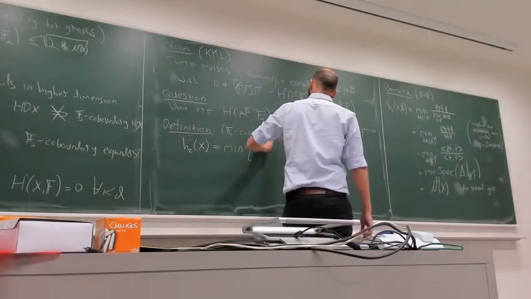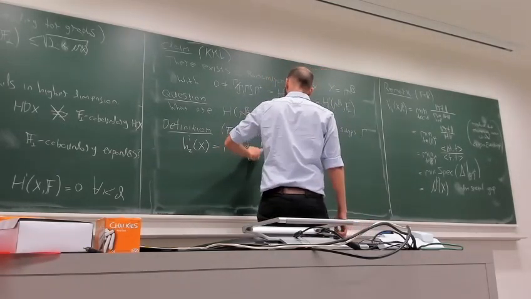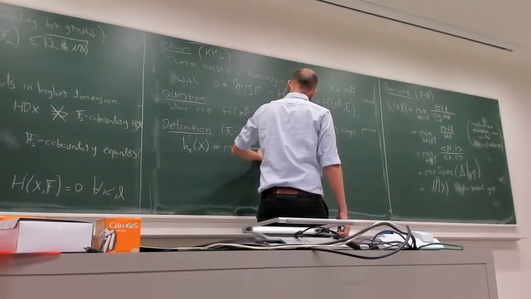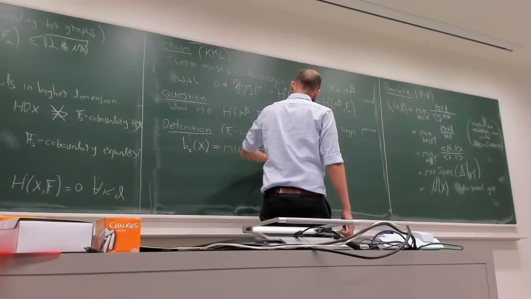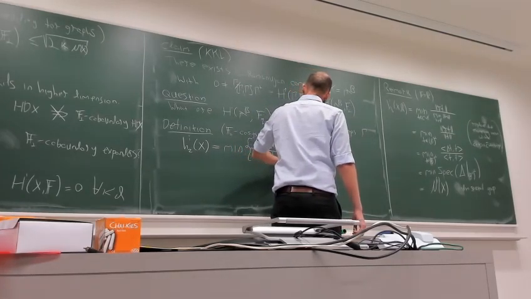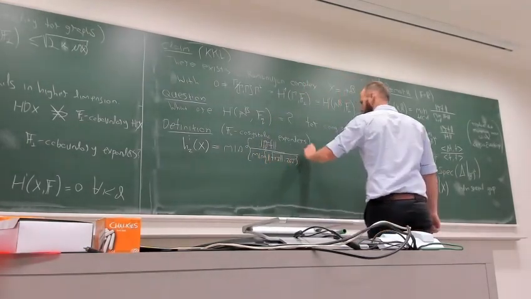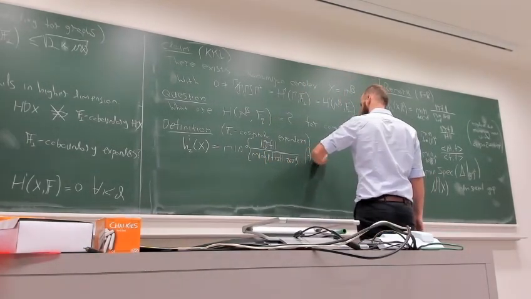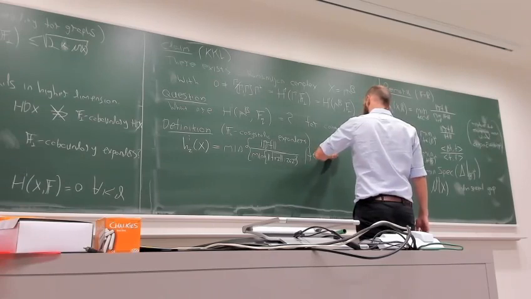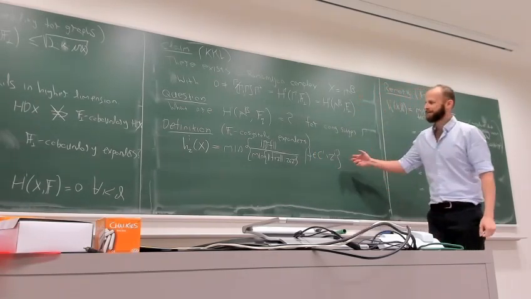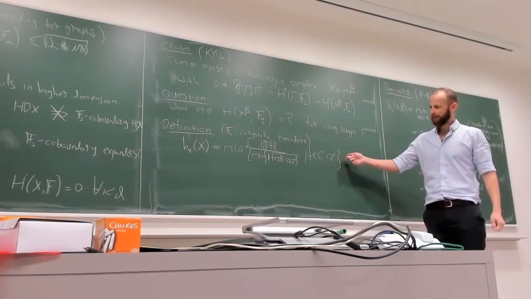It looks exactly the same, but now instead of running over all coboundaries, I'm going to run over all cocycles. And now this definition is guaranteed to be non-zero.